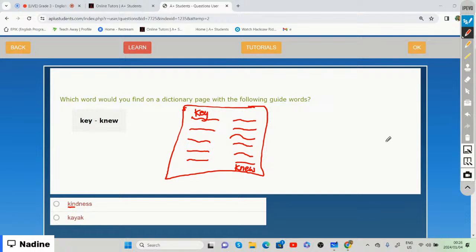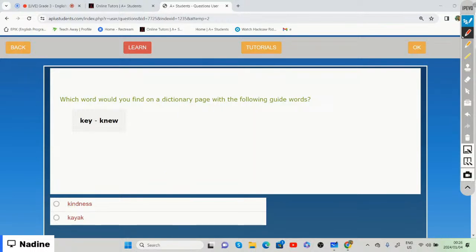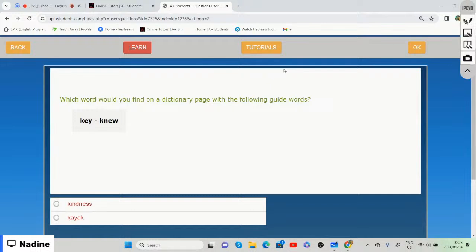And that is correct. So basically, the word that we're going to choose is kindness, because kindness is KI, and KI comes after KE, and it comes before KN, right?